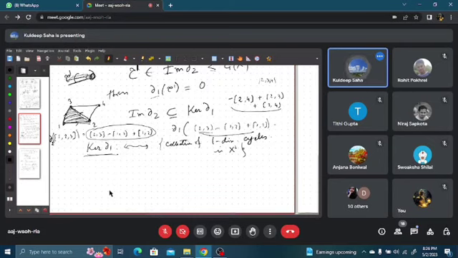This object is already bounding a two-dimensional CW complex. So in some sense it is not essential. Although it is a cycle, I can get rid of it if I want to, because it is bounding already.